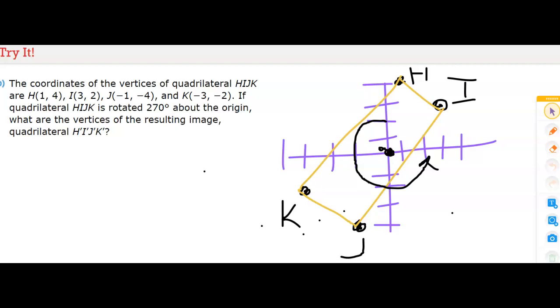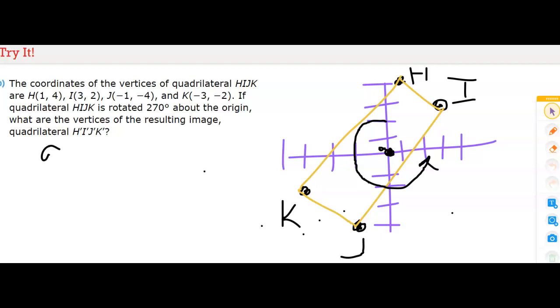Again, I'm not using a protractor per se, but in the example they gave us a generalization of how the coordinates will look, and I'm just going to rewrite it here on the side.